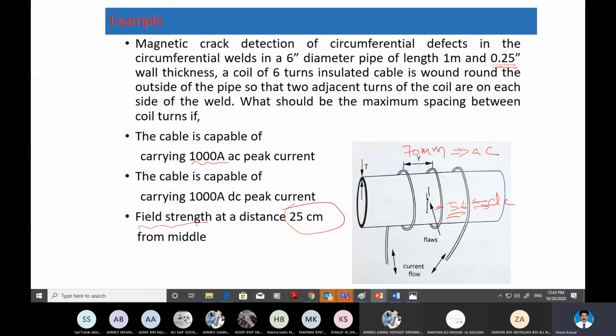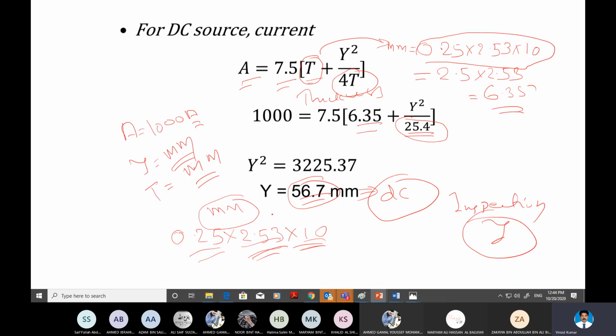I need to find the field strength to make sure that at a distance of 25 centimeter from the middle, how much will the field strength be?